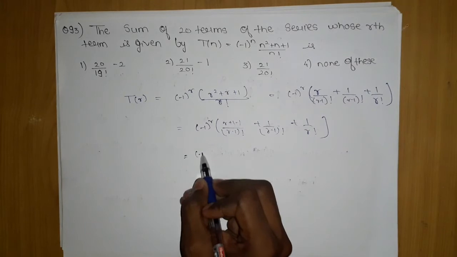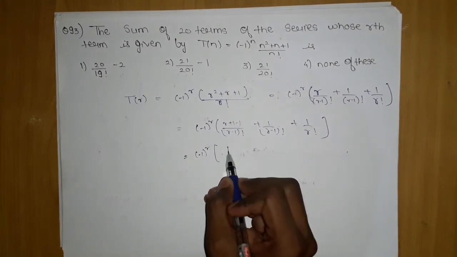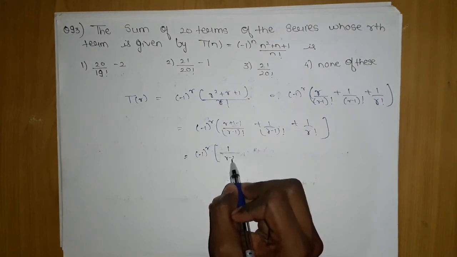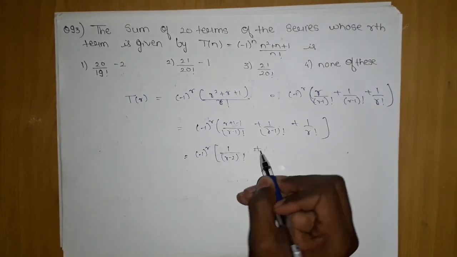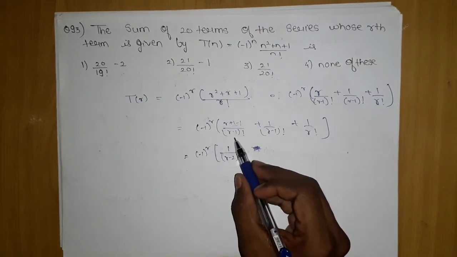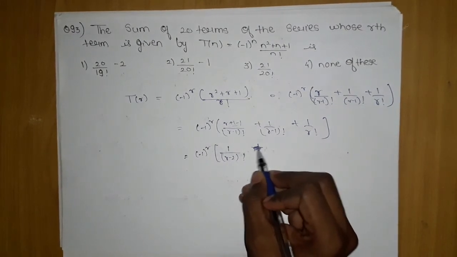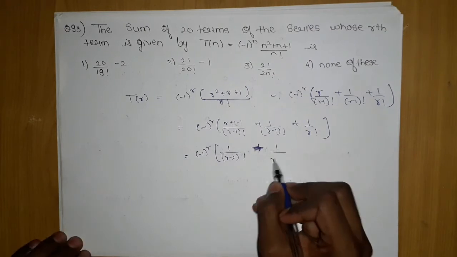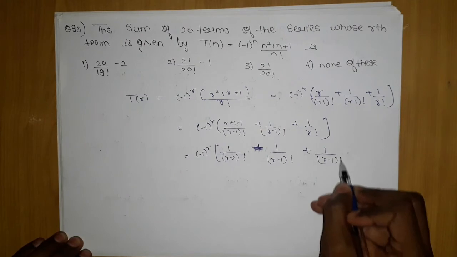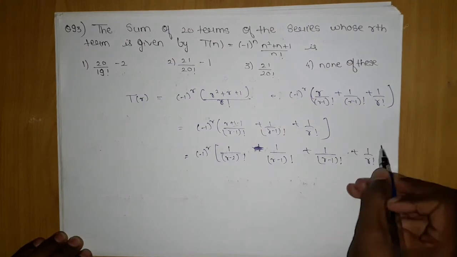So after this, r factorial will break up into r minus 1; we will take r minus 1, remove the plus, so it will be r minus 2 factorial. This will be plus only, sorry, plus 1 upon r minus 1 factorial plus 1 upon r minus 1 factorial plus 1 upon r factorial.